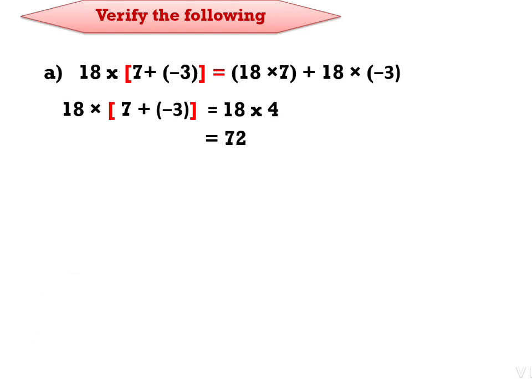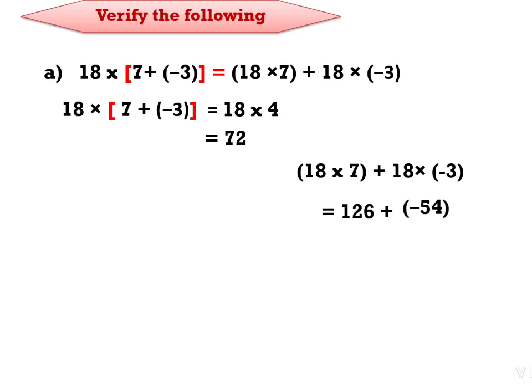Next we consider the second part, the right side: 18 into 7 plus 18 into -3. What is 18 into 7? We get 126 plus 18 into -3. One minus sign is there, so the product will be a negative number, -54.